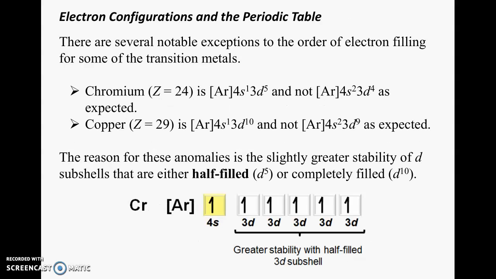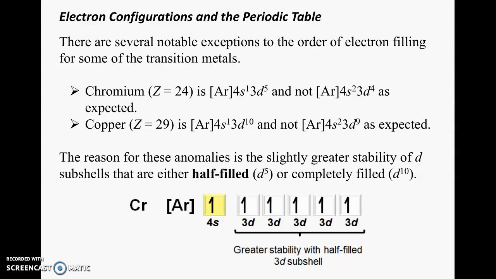I have a couple of examples here where we have exceptions. Unfortunately in science, there are always some exceptions, and once we notice them, we have to figure out what explains that. So chromium, if you were to write that, you would expect the argon core, 4s2, 3d4, but instead it is 4s1, 3d5.